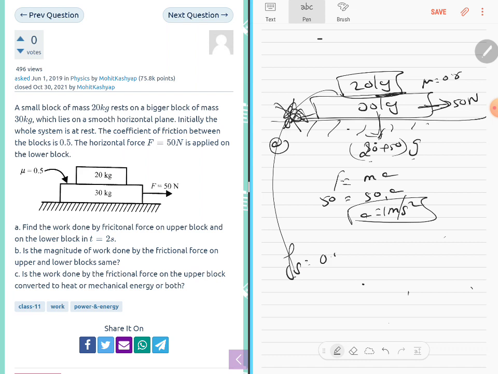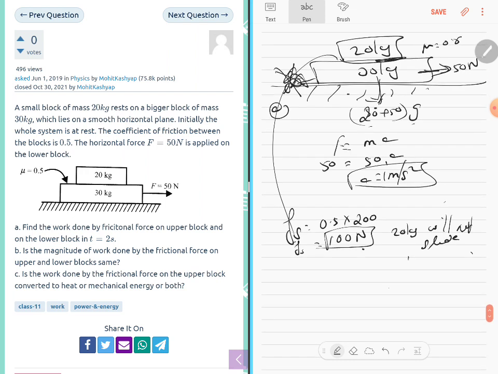It's mu 0.5 into normal reaction, which is 200. So this itself, as I said, is 100 Newton. So definitely the top block, 20 kg, will not slide over the 30 kg block. It's going to move along with the bottom block, having an acceleration of 1 meter per second square.